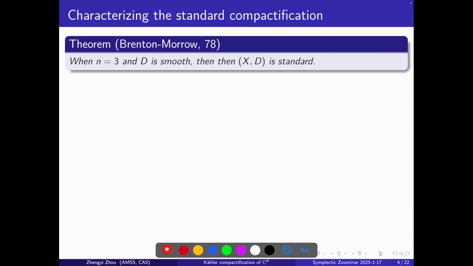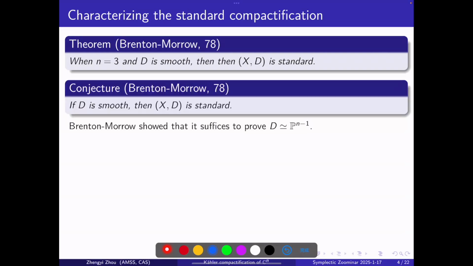They show that when n is 3 and D is smooth, here they do not assume X is projective, then the pair X, D must be standard. So they propose that the condition that characterizes a compactification being standard is precisely that D is a smooth submanifold. And in fact, they show that it actually suffices to prove that D is biholomorphic to Pn-1.